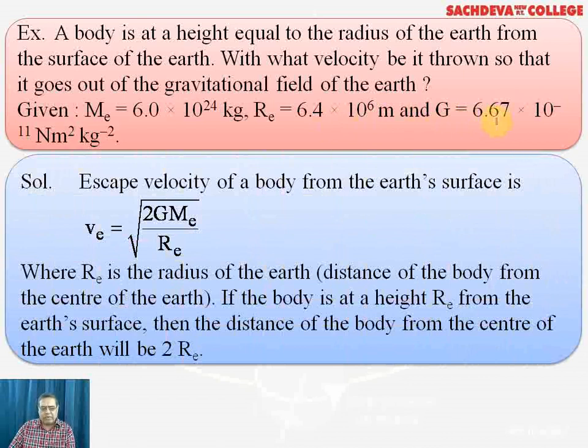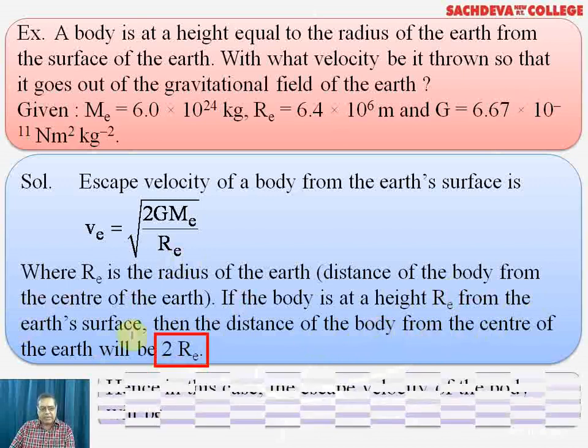Now, to start with the calculation, we have to use the formula of escape velocity, which is found to be under root 2GME over RE, and RE, G and ME have the usual meanings. Now, we find the distance of the body from the center of the Earth. The body is at height RE from the Earth's surface, then the total distance from the center will become 2RE.